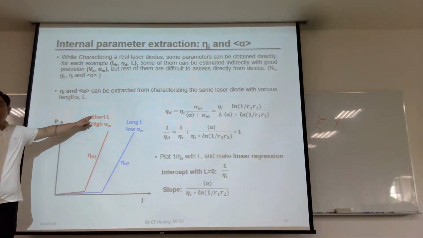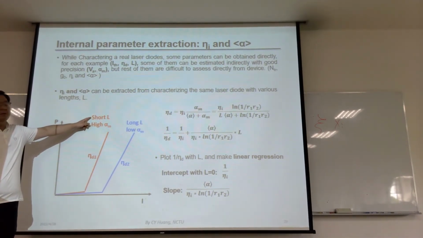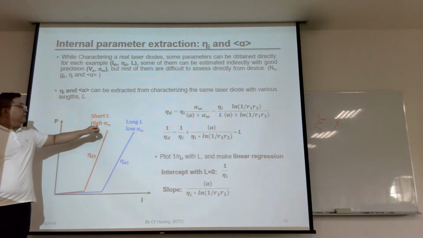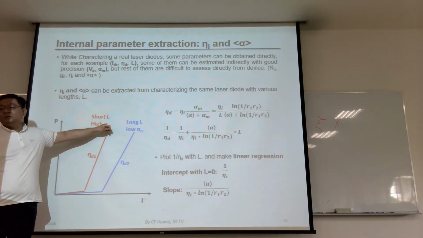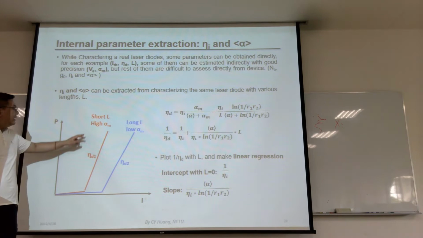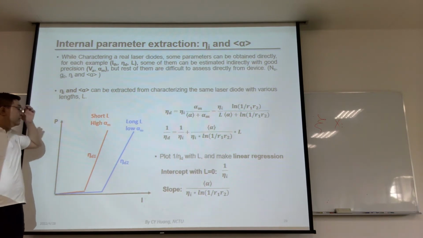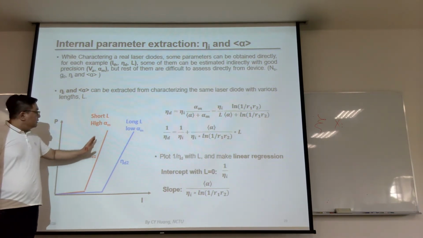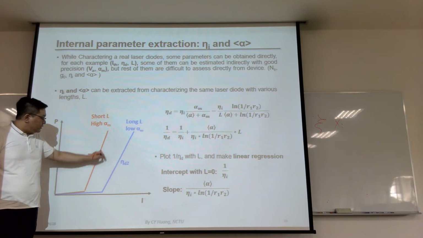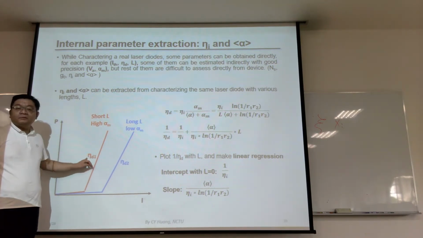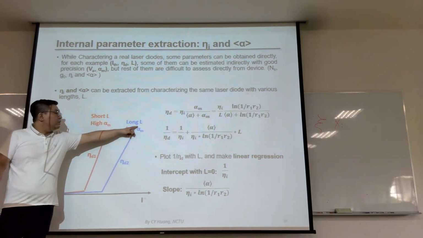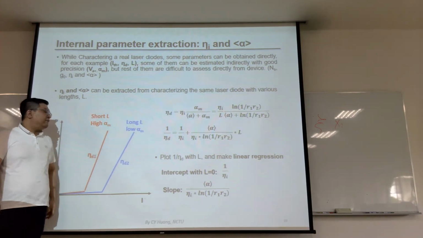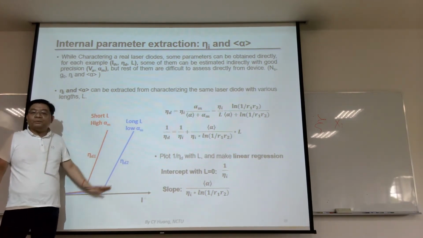For those with a shorter cavity, you have a higher mirror loss. You can still extract the slope efficiency eta d here. And with a longer cavity, you have a lower alpha m, then you have another slope.